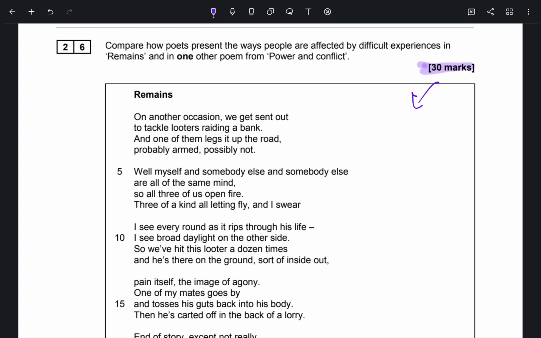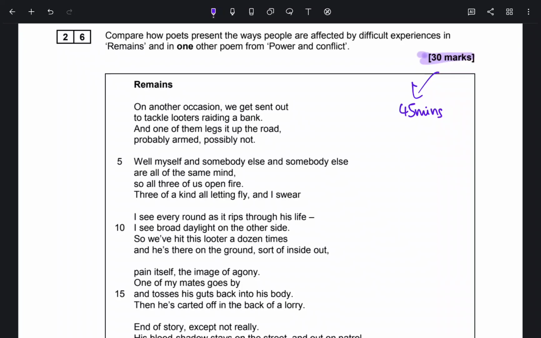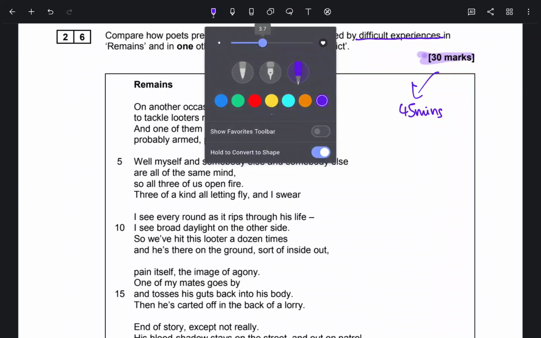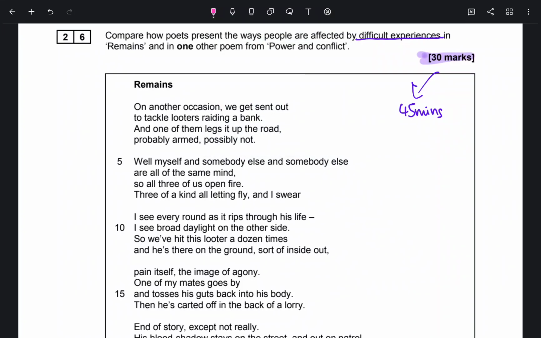Now, how do I approach this question? First things first, you're looking to spend again 45 minutes on this section. And also remember, you need to highlight the keywords in the question. So difficult experiences. We clearly see that in Remains, and you need to keep in mind which poem you are going to be comparing to. And what I really recommend, if you want to get the top marks, is plan. Just like I say for English language, plan your question.